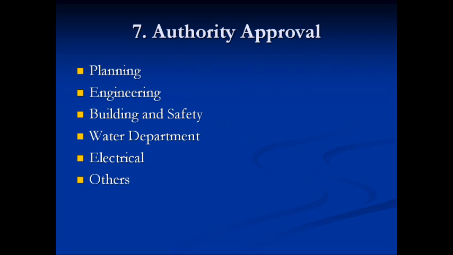And finally, we look at a little bit more of a detailed picture related to approval by governing authorities. Now, the authorities can be the planning department, the engineering department, building and safety department, water department, electrical and other utilities, as well as other departments such as the health department if you're going to be preparing or storing food, as an example.